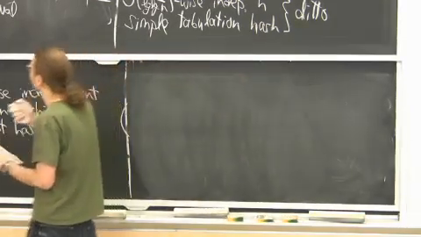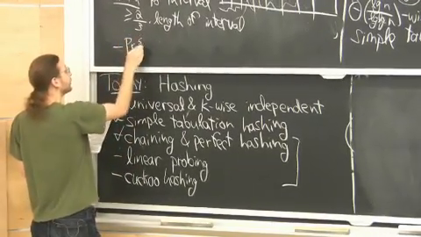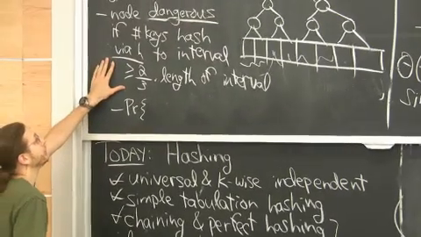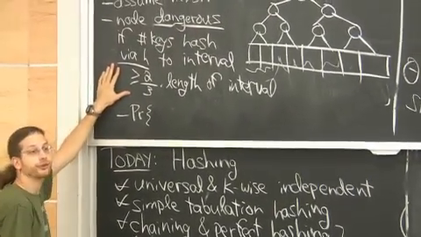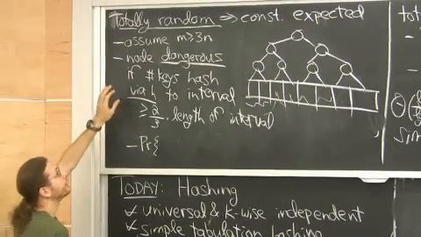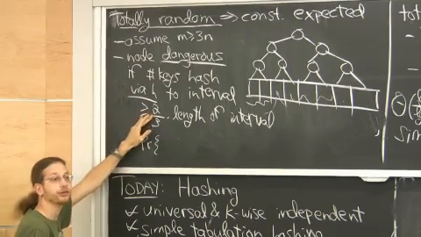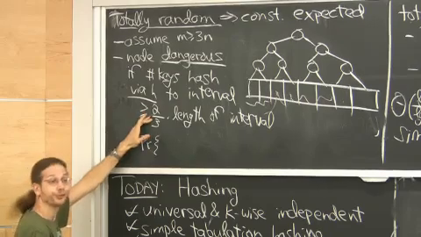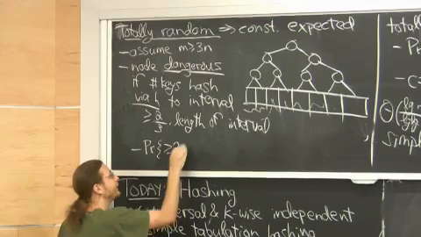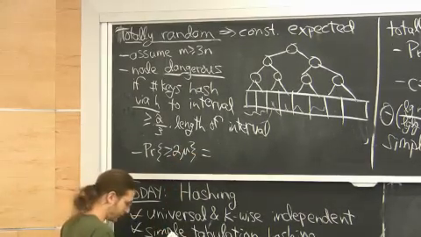So, okay, one thing I wanted to compute was what's the probability of this happening. Probability of a node being dangerous. Well, we can again use Chernoff bounds here because we're in the totally random situation. So this is the probability that the number of things that went there was bigger than twice the expectation. The expectation is 1/3, 2/3 is twice of 1/3. So this is the probability that you're at least twice the mean, which by Chernoff is small.